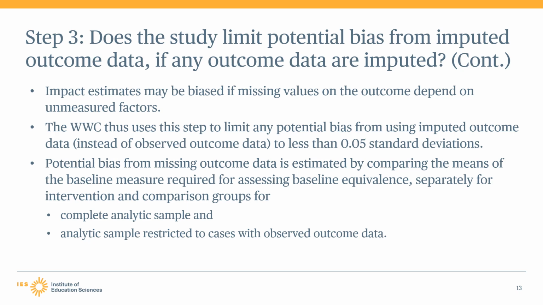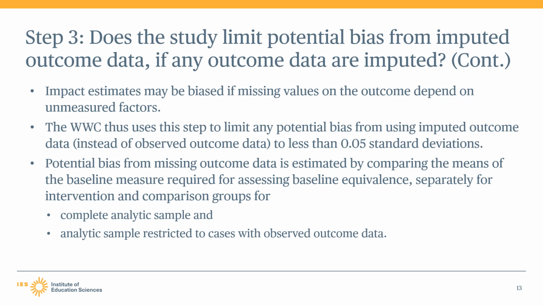An analysis of a sample with imputed outcome data can produce biased estimates of the intervention effect if the participants with observed data differ from those with missing data, and some of the differences are unmeasured. In these hypothetical examples, if outcomes could be obtained for all sample members, then the average for participants with observed outcome data would differ from the average for those with missing outcome data.